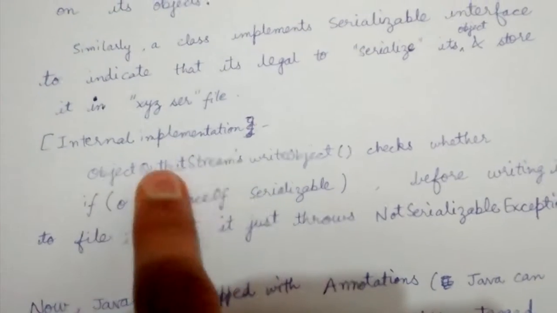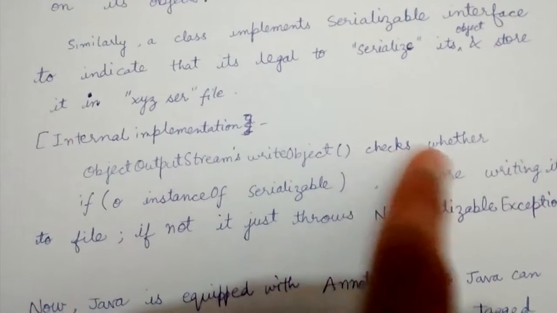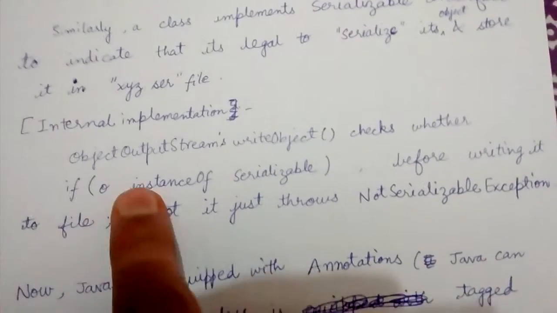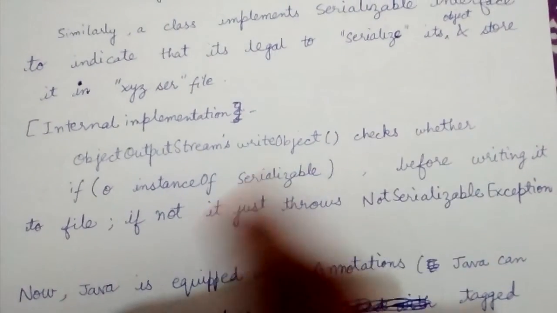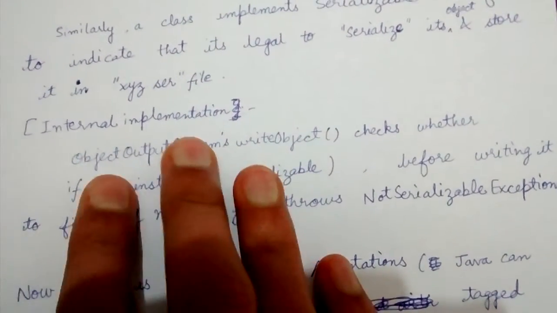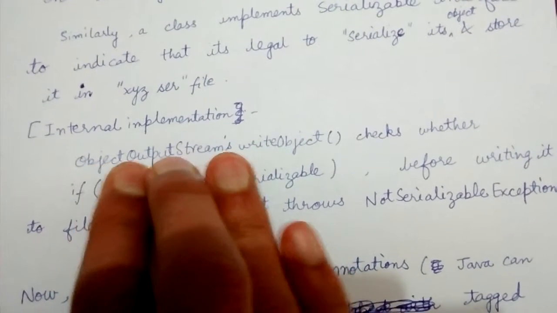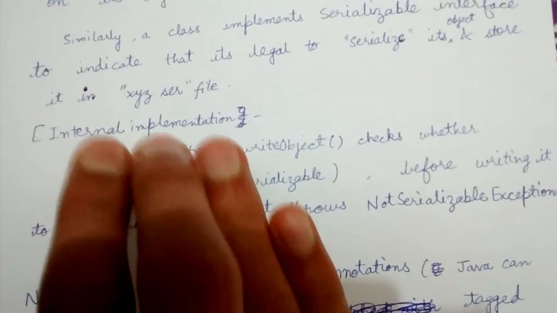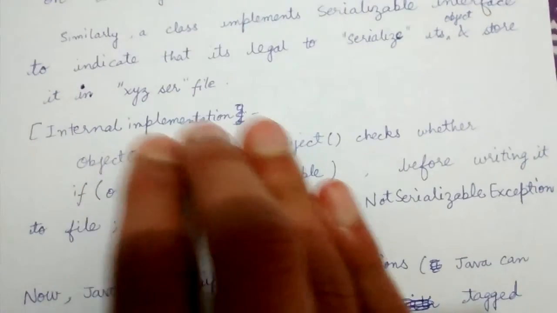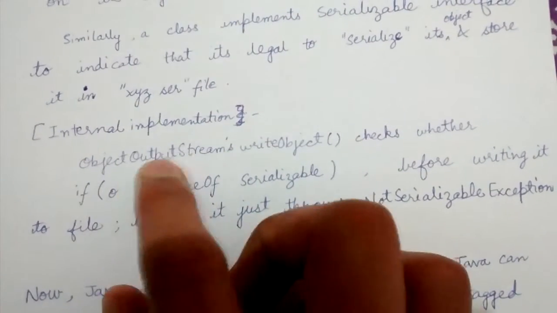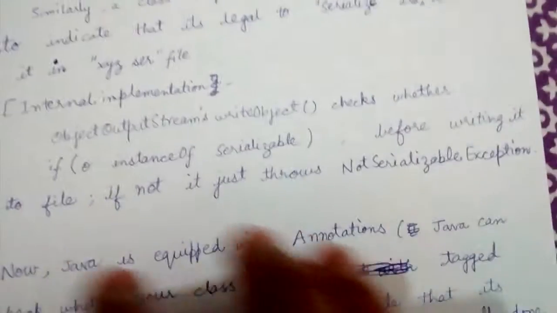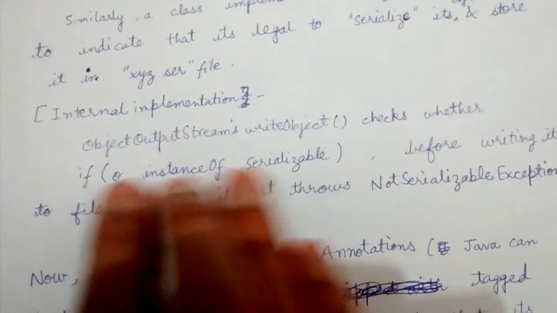You use ObjectOutputStream to write an object to a file. Okay, cool. So basically this ObjectOutputStream will check, if you open its source code, I think it's directly available in the Java library, so you can just check it. Something like this is written there.